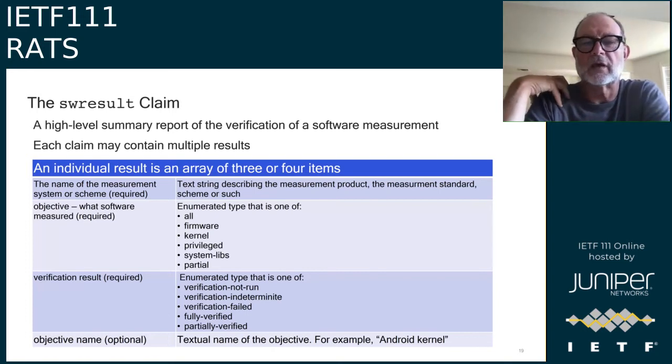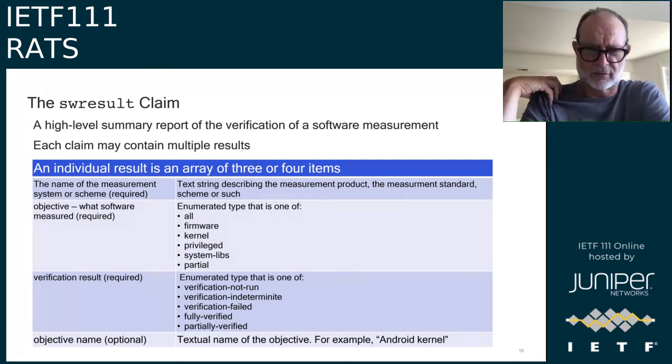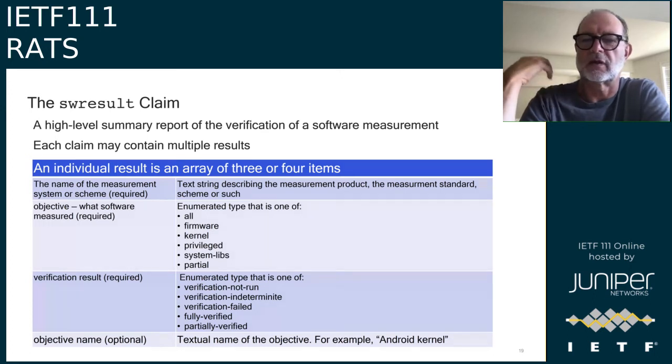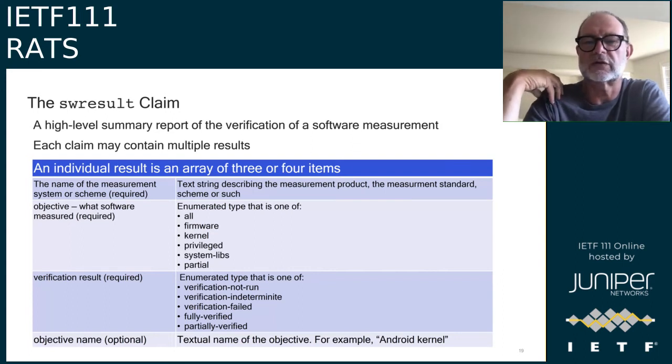Well, I understand partial could be pretty useless. But when I think about verification of subsystems on an Android phone, one of the ways you avoid partial is you structure your submodules so you don't ever have partials.